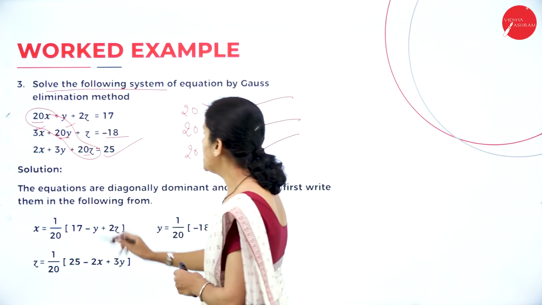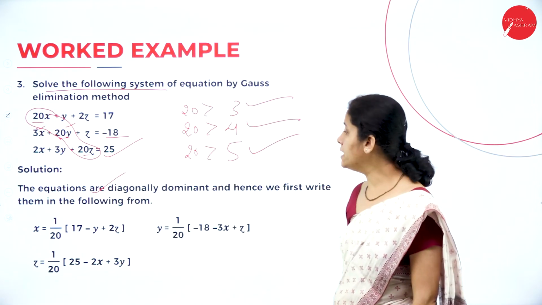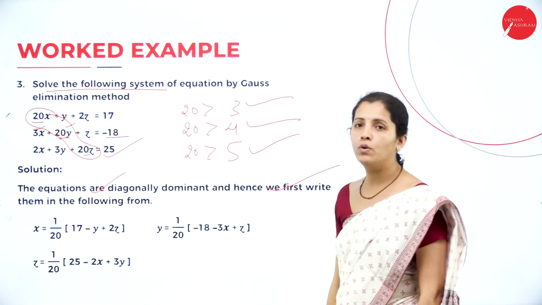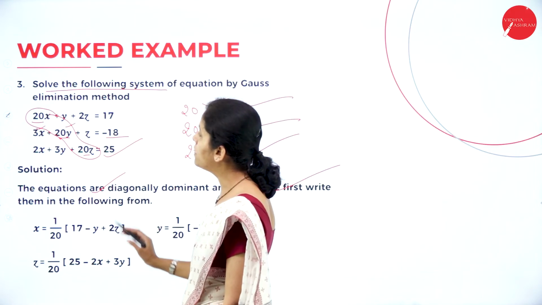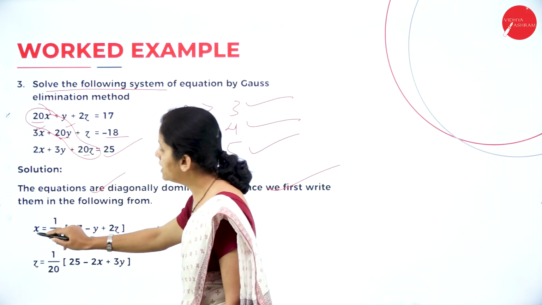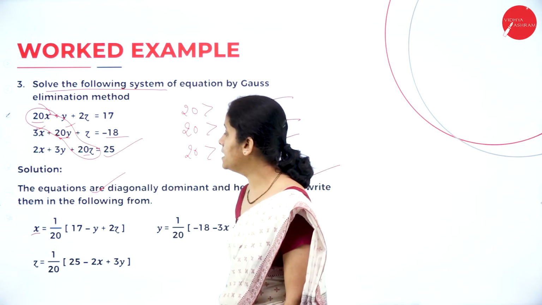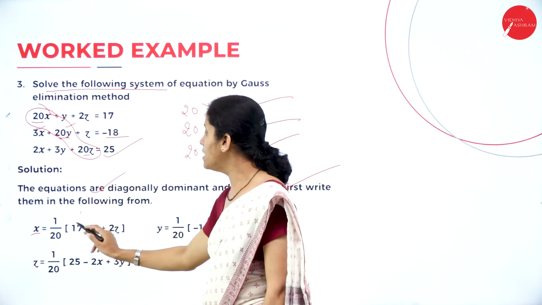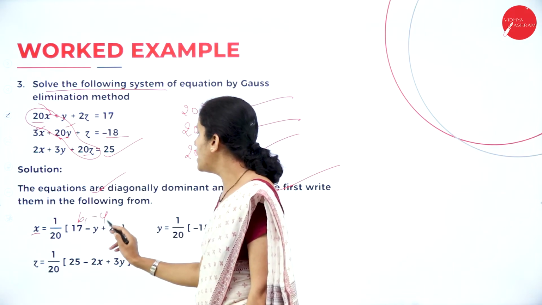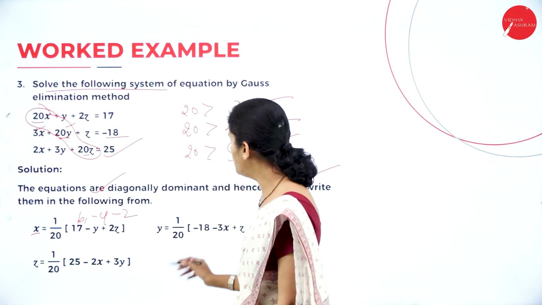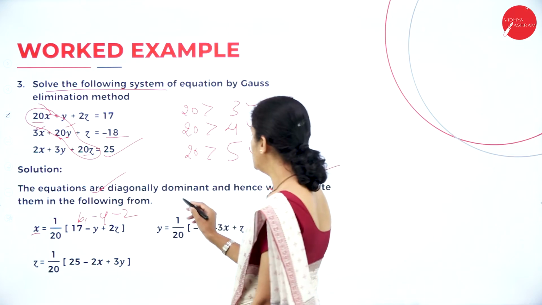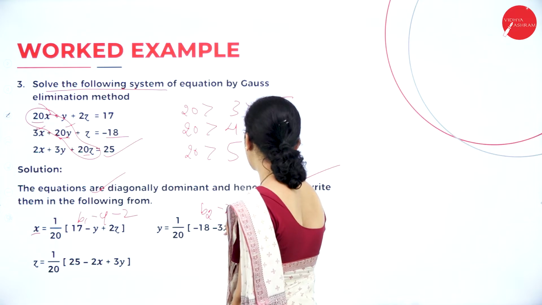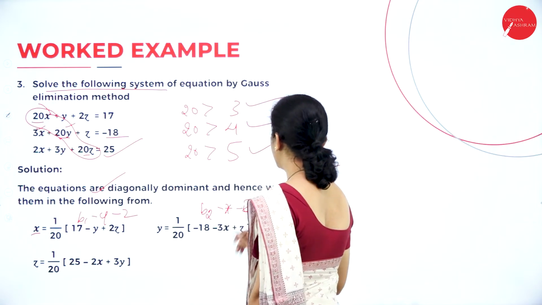Now, the equations are diagonally dominant, and hence we write them in the following form. So what I want to do, I want to take x outside, and when I take x outside, what remains is 1 divided by 20, then b1 minus y minus z, and for y it is 1 divided by 20 times b2 minus x minus z.